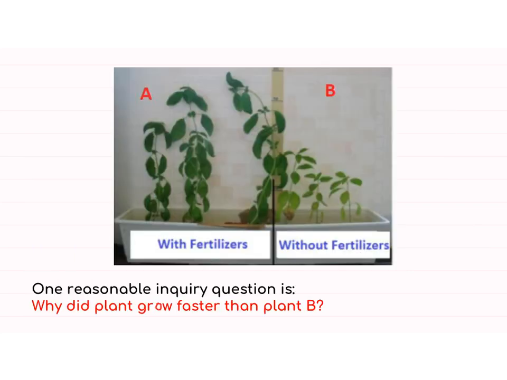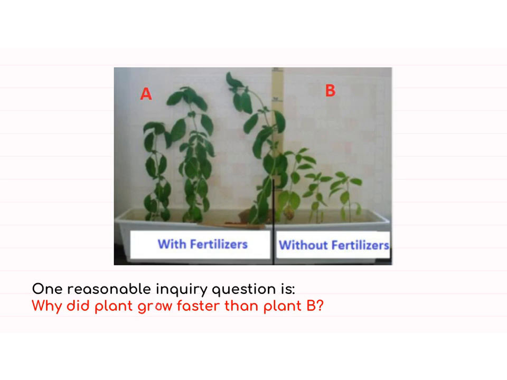If you observe this figure carefully, you will notice that there exists a huge difference between the growth rate of plant A and the growth rate of plant B. What is the reasonable question in this case?